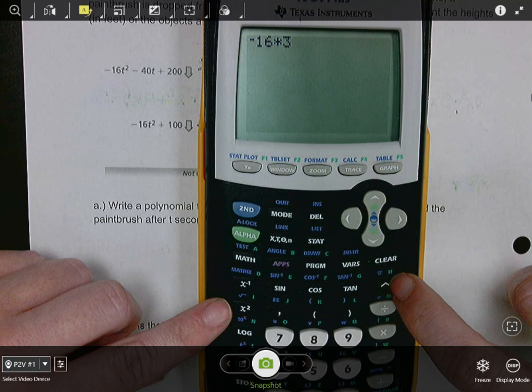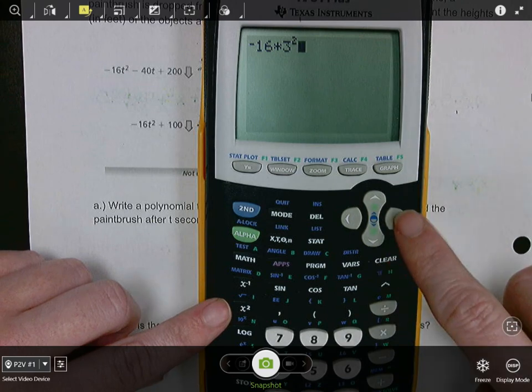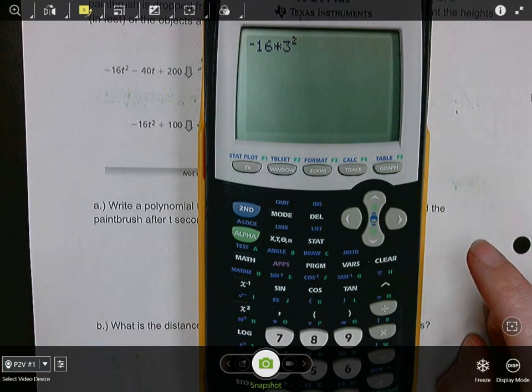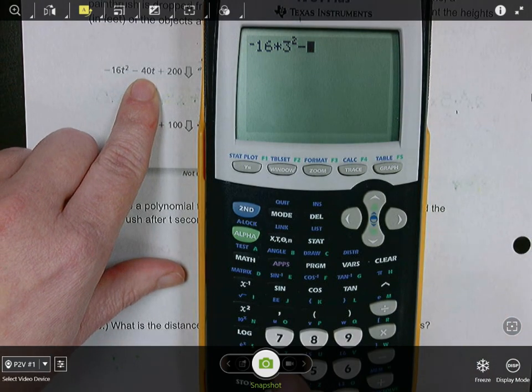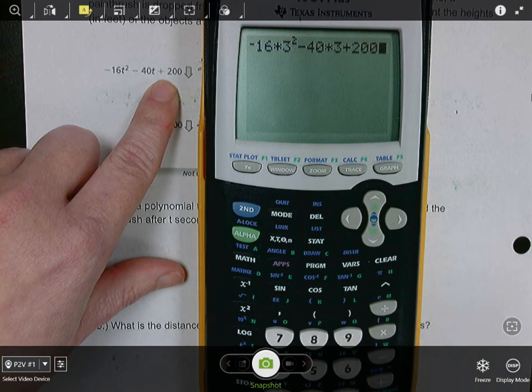It looks like the top of a triangle. That means to the power of, and then you type in 2, and then hit the arrow to get out of it. Or if it's squared, you can just type that x squared, and it automatically squares it. And then minus 40 times t, so it'd be 40 times 3 plus 200. And then hit enter.